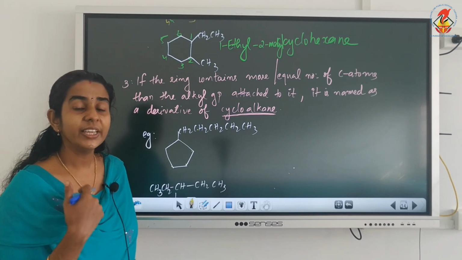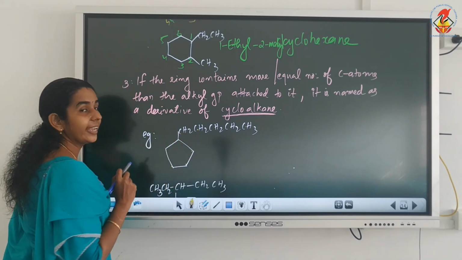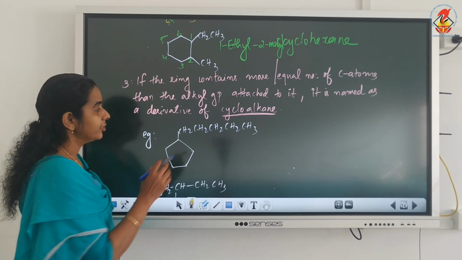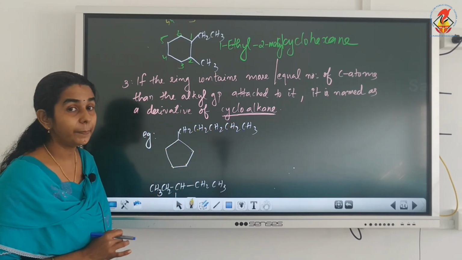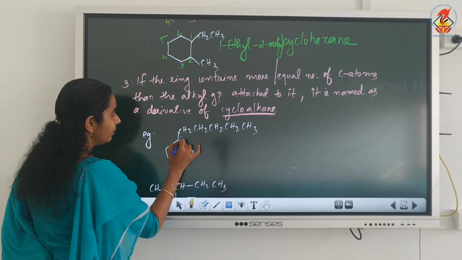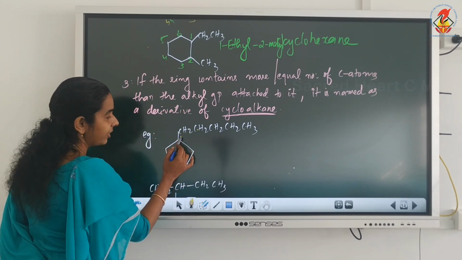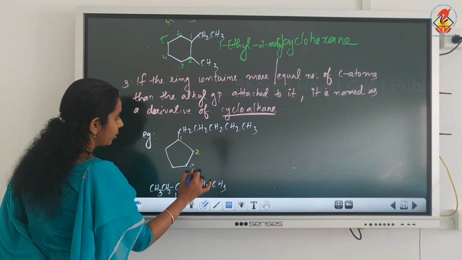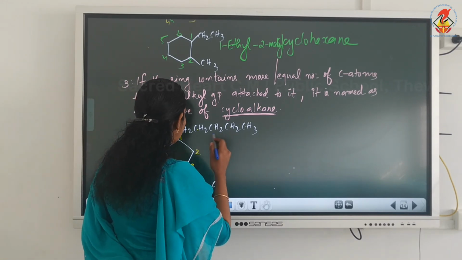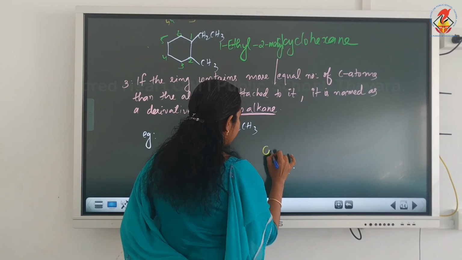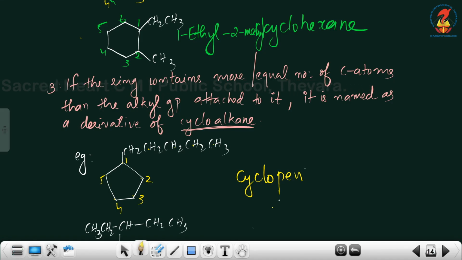So here we can consider the cycloalkane as the parent. This will go as a substituent and this will come as the parent. We can start numbering from here, 1, 2, 3, 4, 5. So the parent is cyclopentane, and the chain will go as a substituent or prefix.